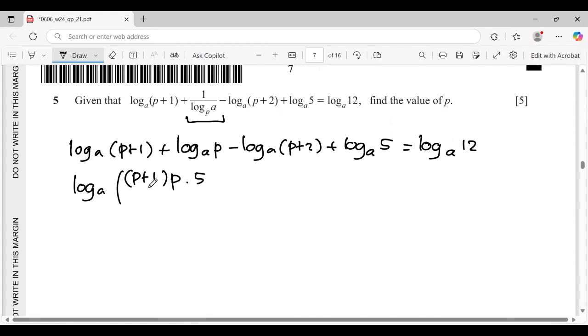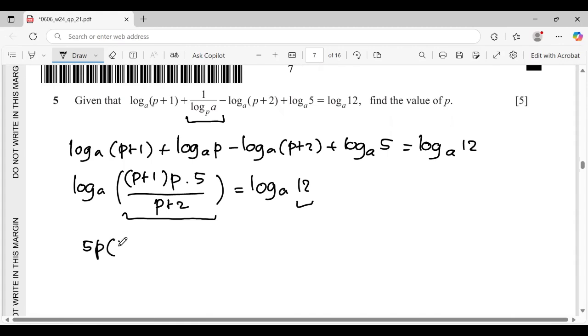Equal to log_a 12. So it means this expression is equal to 12: 5p times (p+1) over (p+2) equal 12.